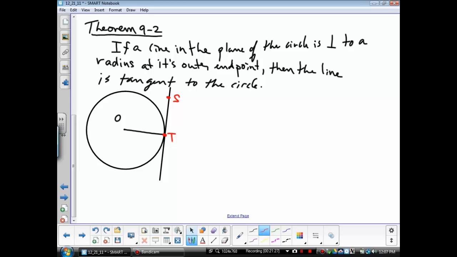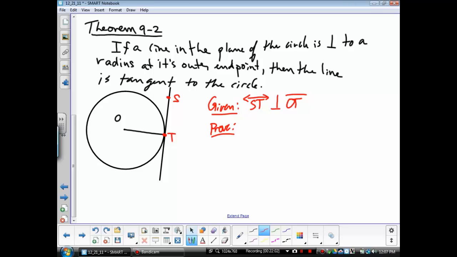And what our given information is: a line in the plane of the circle is perpendicular to the radius at its outer endpoint. So we are going to be given that line ST is perpendicular to segment OT. What we want to prove then is that the line is tangent to the circle.